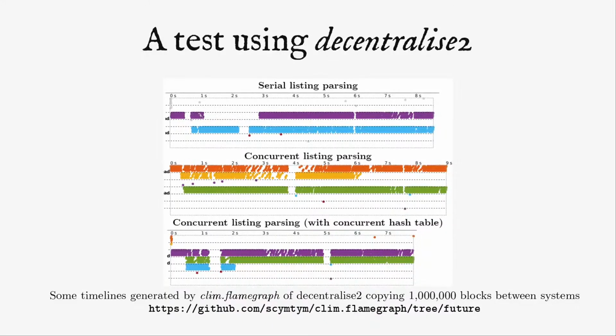These timelines are nice to look at because you can see times when the threads are stopped, and where the threads are running. You can also sometimes visualize the contention, like how these spots get a bit patchy. We can see that when we used to do things serially, it was obviously a bit faster, but we had this huge pause of about 1.5 seconds while one thread was doing all the parsing. Nothing could be done.